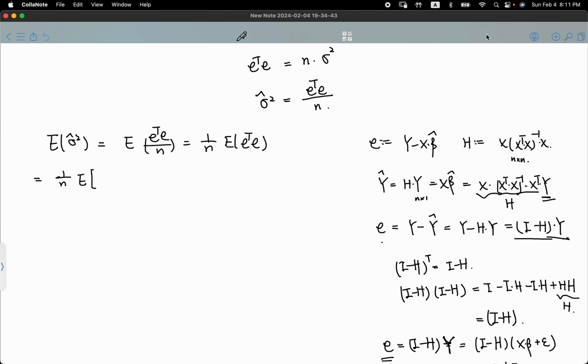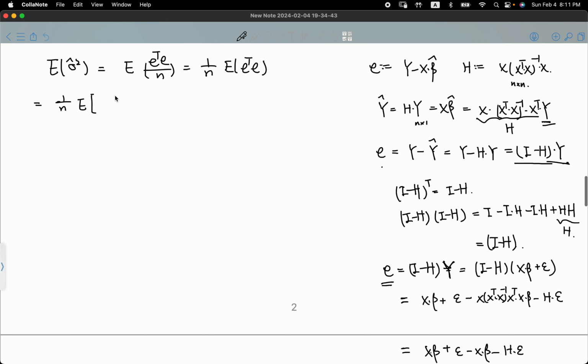All the right hand side are side notes, and let's go back to here. We are going to use that definition: epsilon transpose, I minus H transpose, then I minus H multiplied by epsilon.